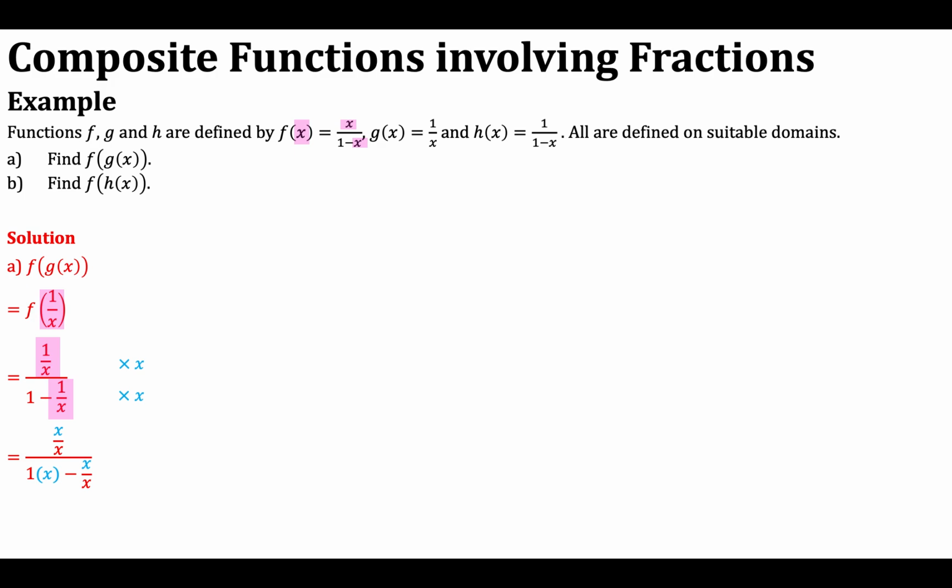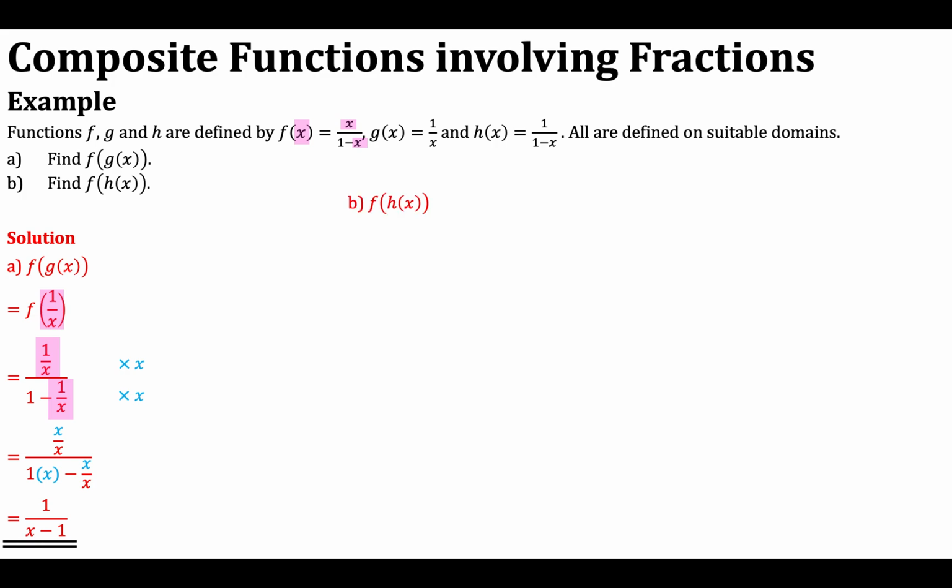And then the denominator multiplied by x, I need to take each of these separately: 1 times x gives me x, minus 1 over x times x, so that's x over x, which is 1. The numerator is 1, and the denominator is x minus 1, so it's 1 over x minus 1. We now only have one single fraction. We don't have fractions sitting within fractions, so that's a more desirable answer.